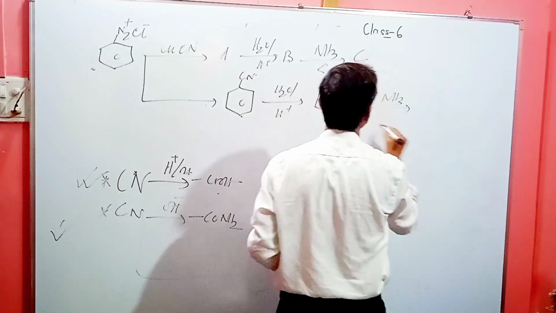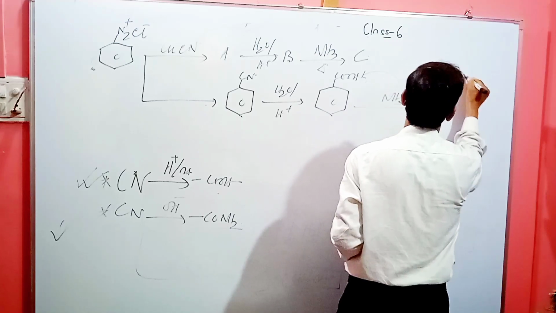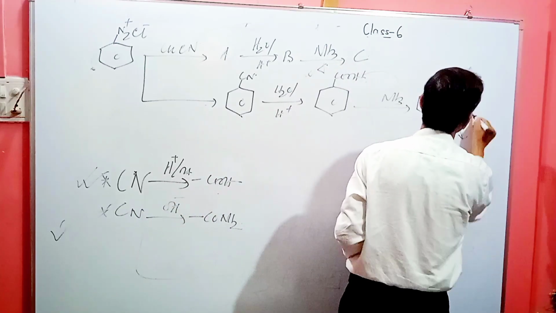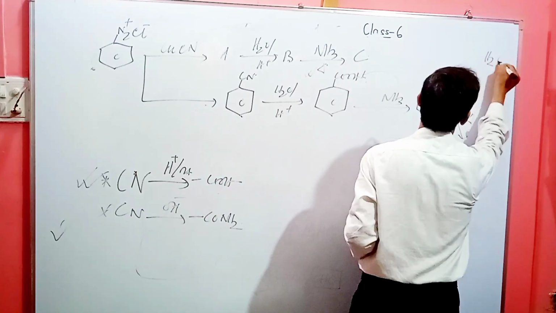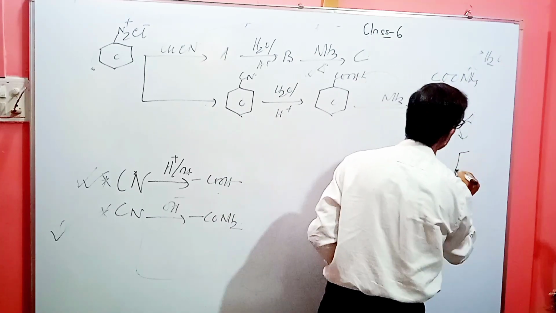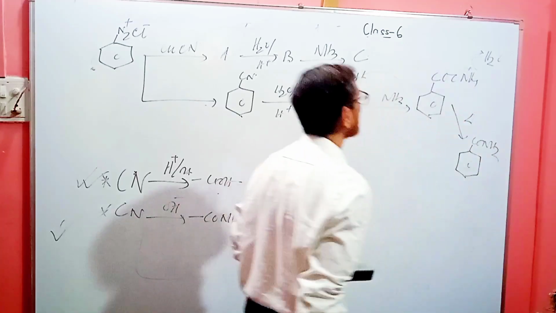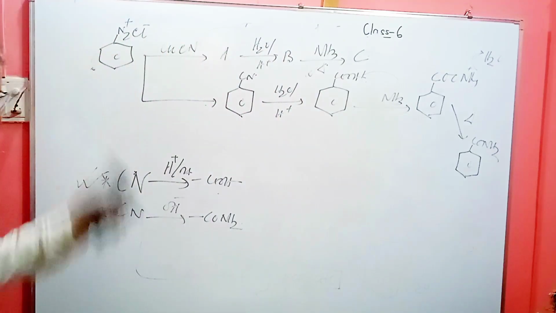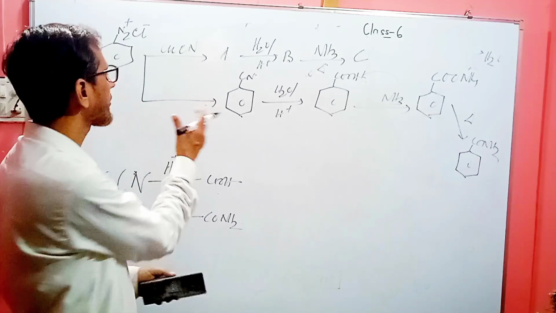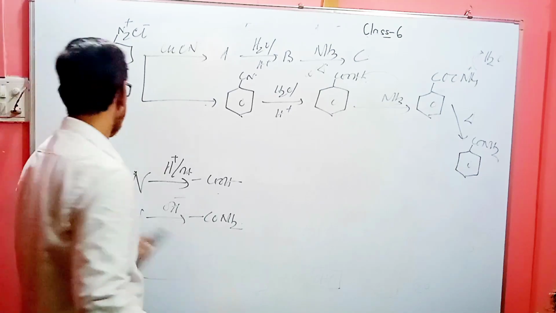So you are getting COONH4, and here heat is given, meaning when you heat it, water molecules leave out, H2O. So you are getting this. Very simple. If the reactions are in your hand, then all the conversions, all types of ABC questions very often asked in your exam, will surely be in your hand.